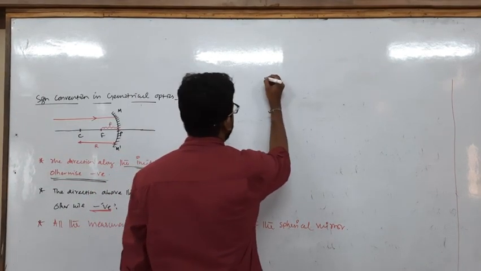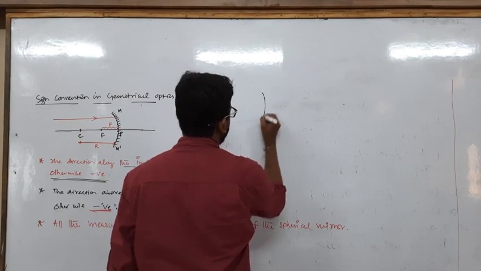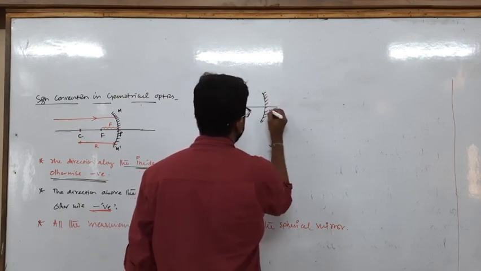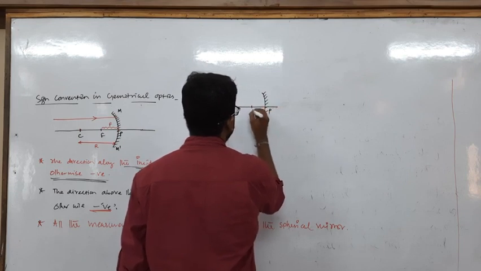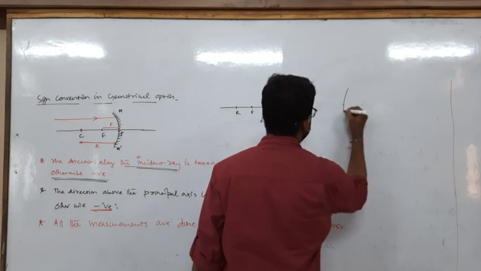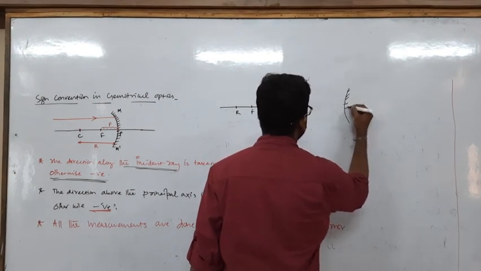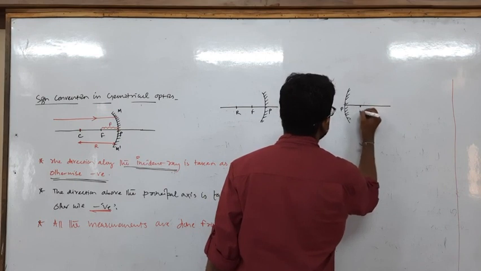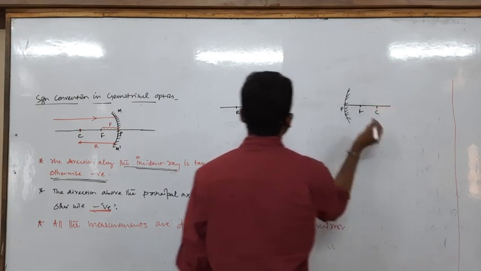If here is a concave mirror, this is the pole, this is focus, and this is the radius of curvature. Similarly, this is a convex mirror, this is the pole, this is focus, this is the center of curvature.